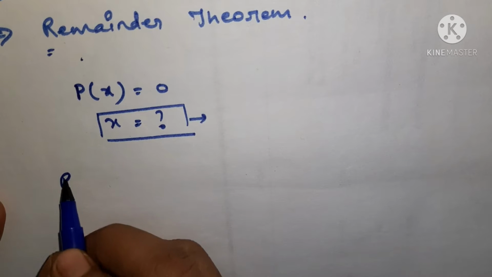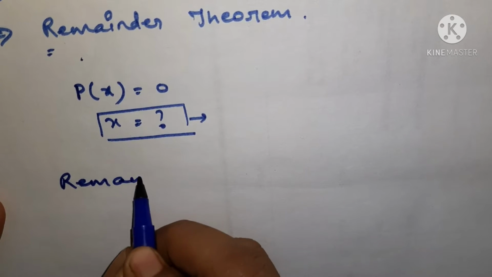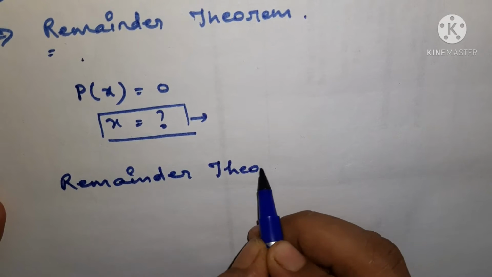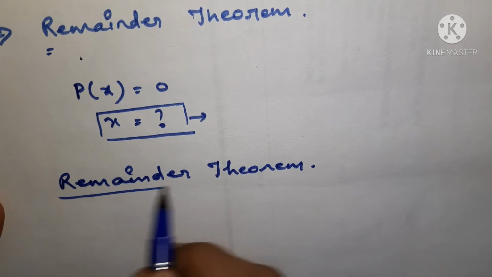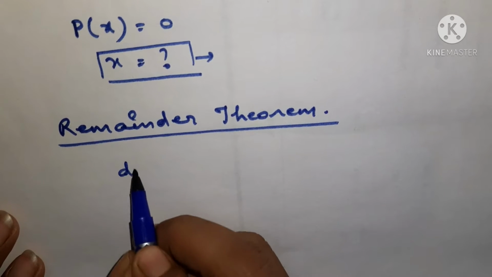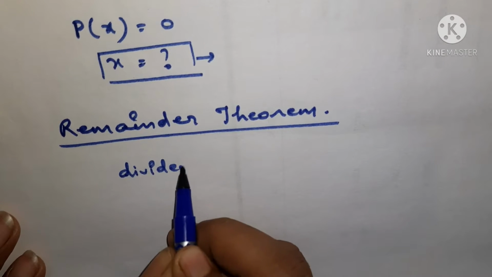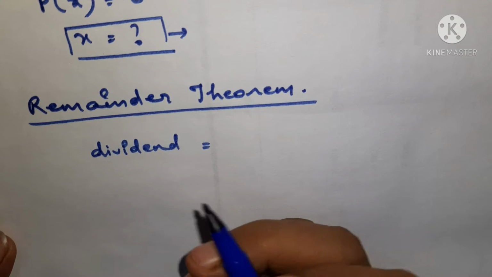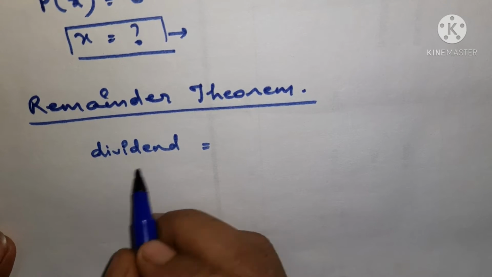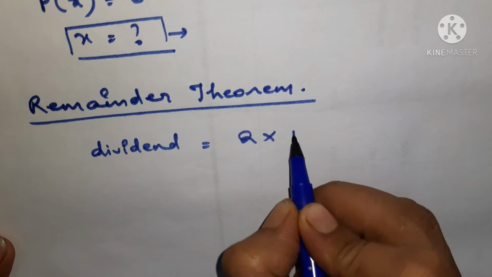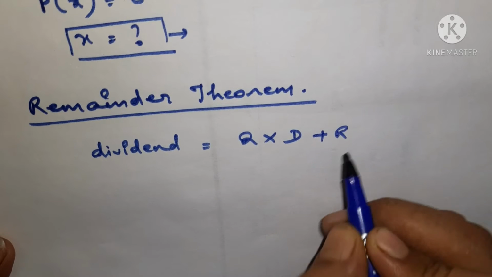So we know that for general division, when we are talking about the remainder theorem, let's talk about general division. When we divide any number by another number, what happens? You must have read about it in classes 6 to 8 also: the dividend is always equal to quotient into divisor plus remainder.